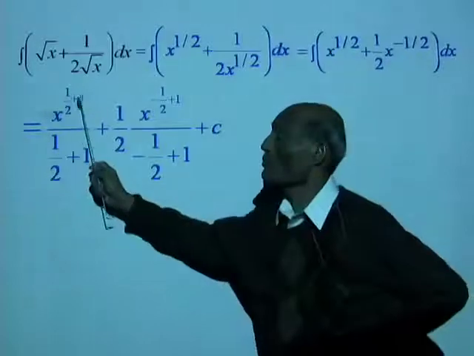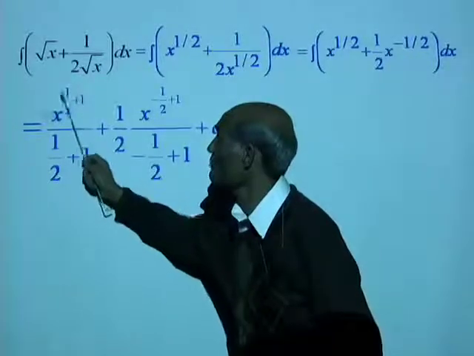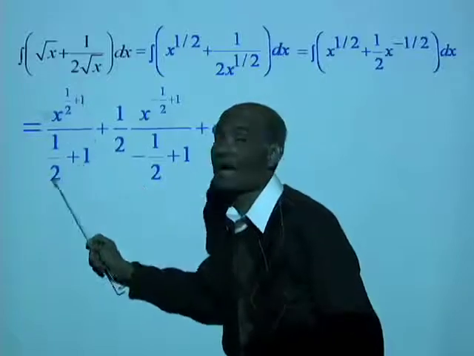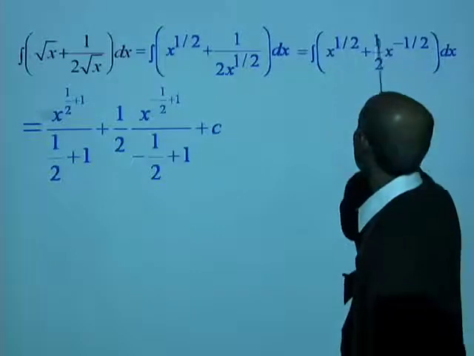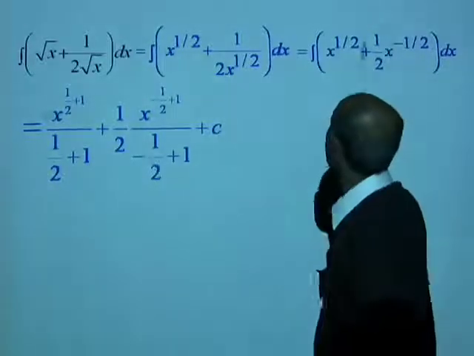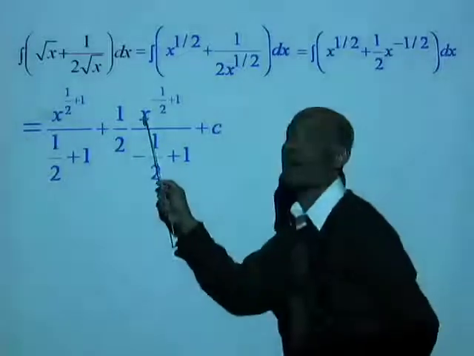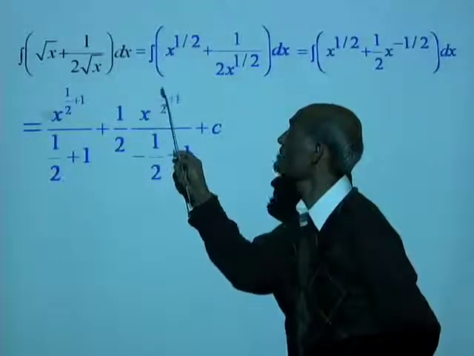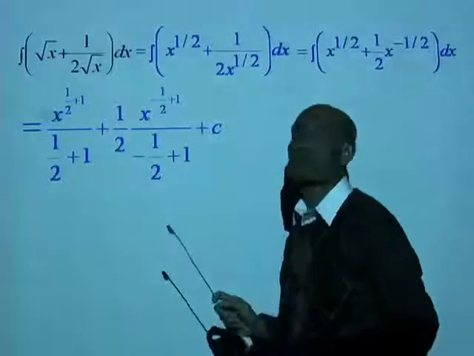Integral x to the power of 1/2 is x to the power of 1/2 plus 1 over 1/2 plus 1, plus 1/2 times, that's a constant, so 1/2 times the integral of x to the power of negative 1/2, which will be x to the power of negative 1/2 plus 1 over negative 1/2 plus 1.